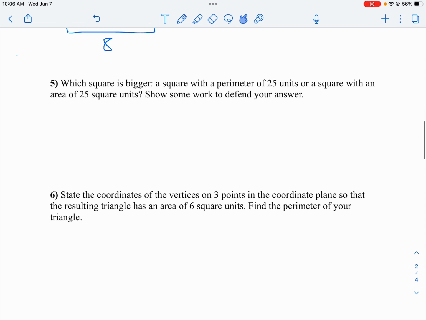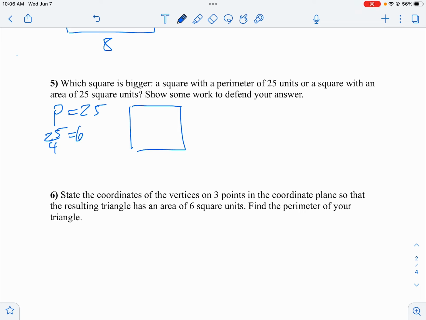Now if we take a look at number 5, I want to know which is bigger, a square with a perimeter of 25. So if I've got a perimeter of 25, I know the length of each side of my square would be 25 divided by 4. And if we take 25 divided by 4, 4 goes into 25 like 6.25, right?